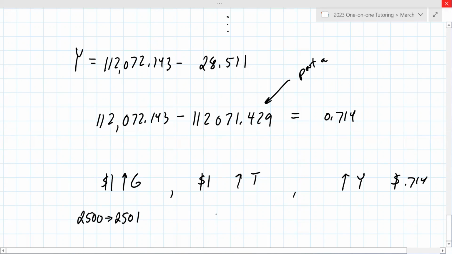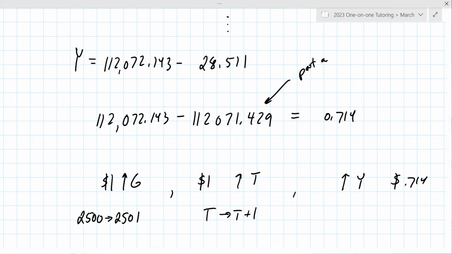And then the tax was the $1, T becomes T plus 1. The Y gets bigger. Got it. Okay, cool. That makes enough sense.